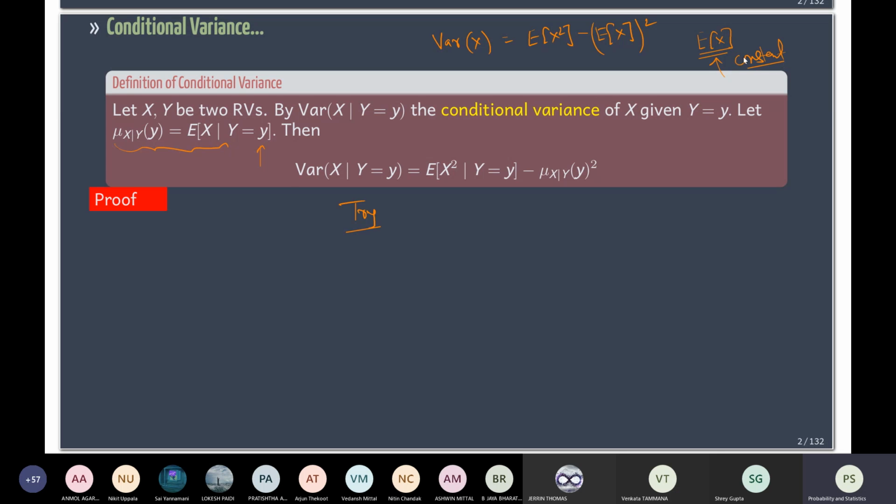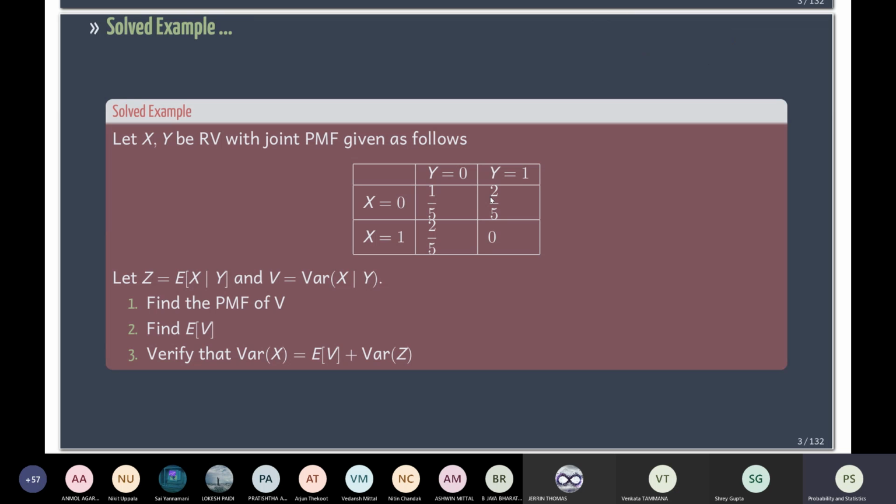But since we are talking about conditional expectation, as we have seen previously, it can be seen as a function of that condition. In this case, the condition is y equal to y. That's why we also write this additional mu y here, because it does depend on what the condition was. So this is the formula that you should remember. We may use this in examples.